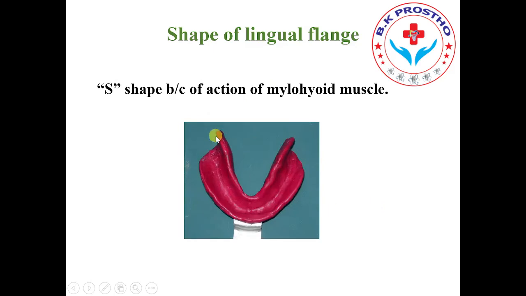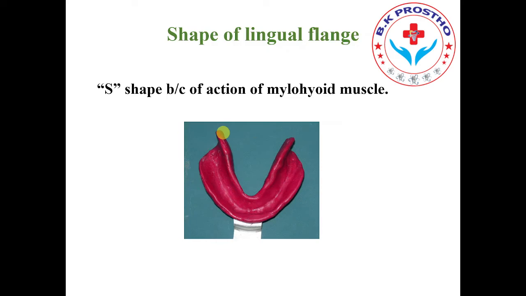The shape of the lingual flange is because of the action of the mylohyoid muscles, and this lingual flange has an S shape. This is all due to the action of the mylohyoid muscles. While performing Border molding movements, especially in this lingual area, we ask the patient to protrude the tongue, raise the tongue and touch the palate, and also perform right side, left side movement of the tongue to touch the inner aspect of the cheek area.